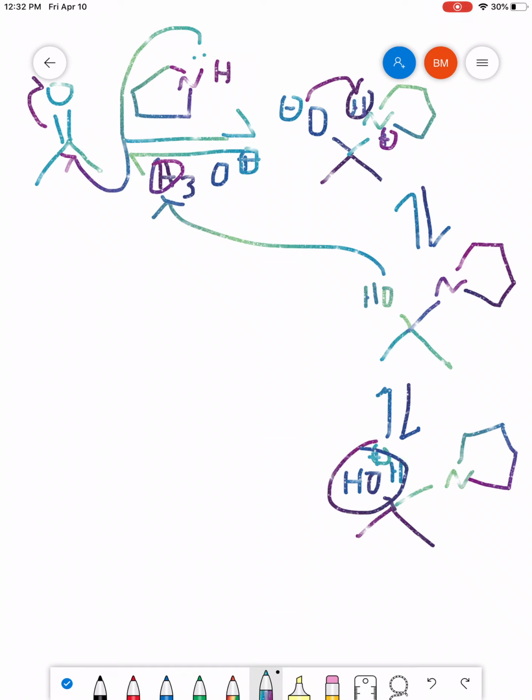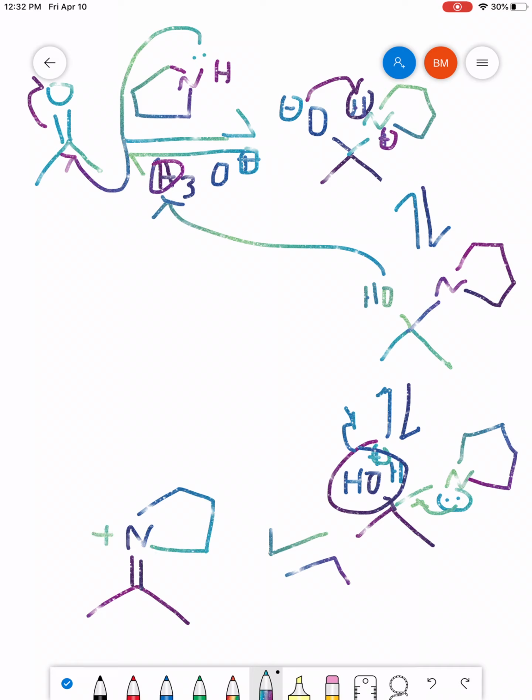Water's a good leaving group, so guess what? It leaves. Electrons on nitrogen swoop down to make a double bond. Now nitrogen has a positive charge. Everything up to this point has been exactly the same as the imine reaction.